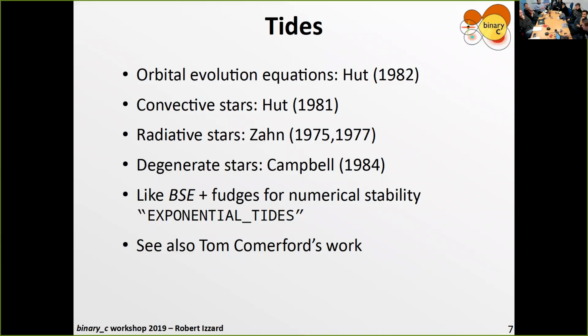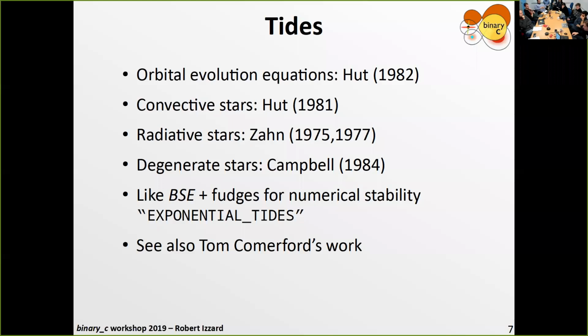We have some updates on BSE. One of the things is that the numerical stability of BSE is not great for tides. So we have an option called exponential tides. When the tidal timescale is very short, we fix the stellar evolution of everything else, and we actually solve the differential equation for the tides to give an effective derivative for the tides.